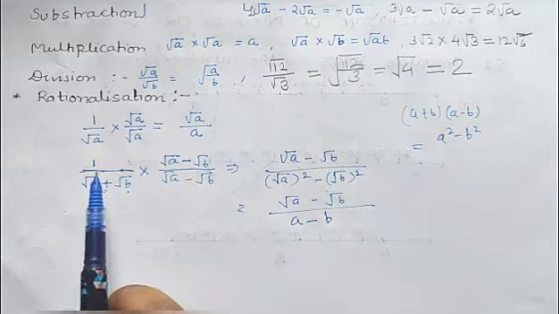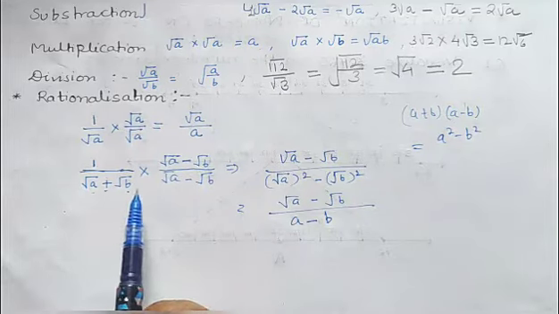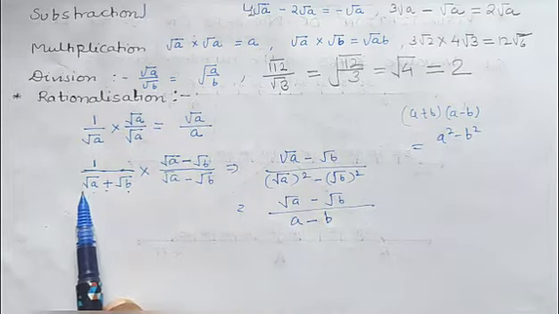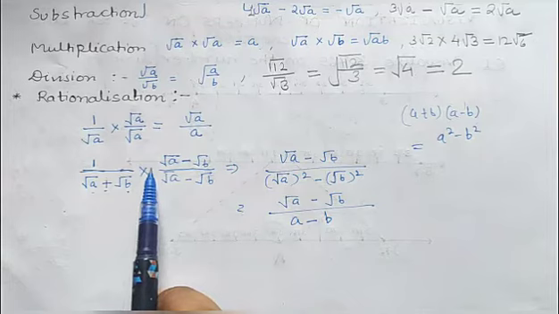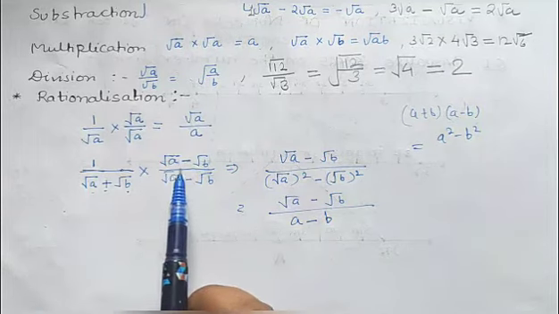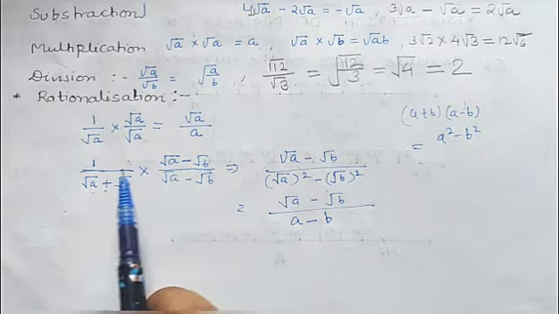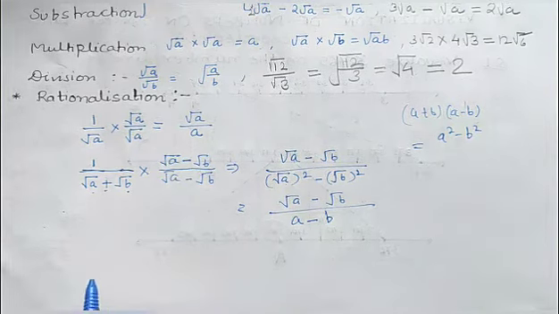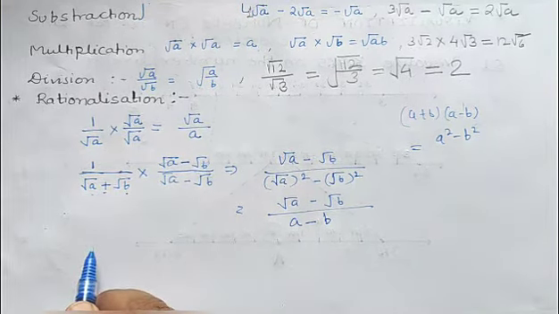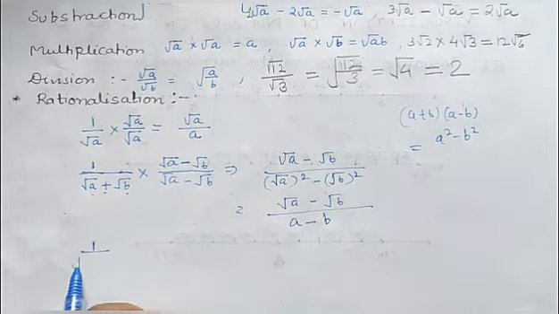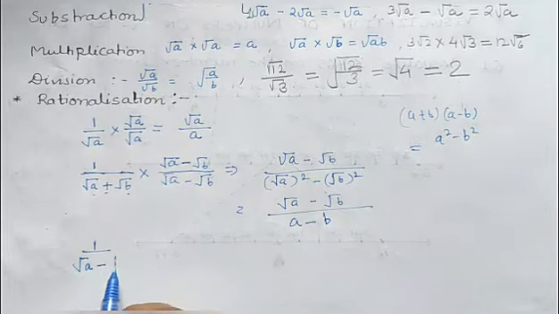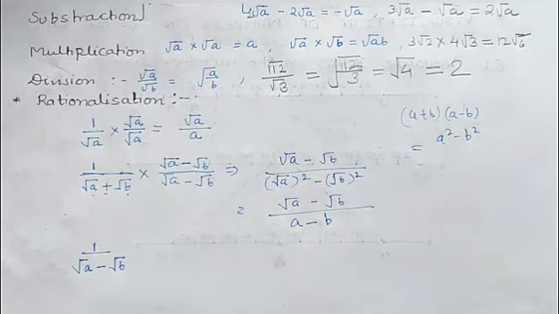Okay, so if the question is like 1 upon under root a plus under root b, you will multiply both the numerator and denominator with the opposite sign of the denominator. Like if the question is 1 upon under root a minus under root b, how will you rationalize it?